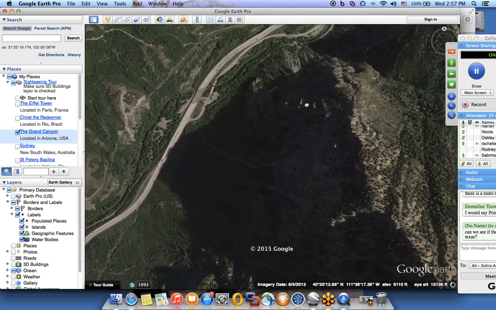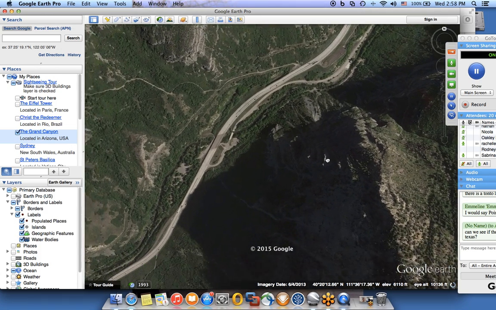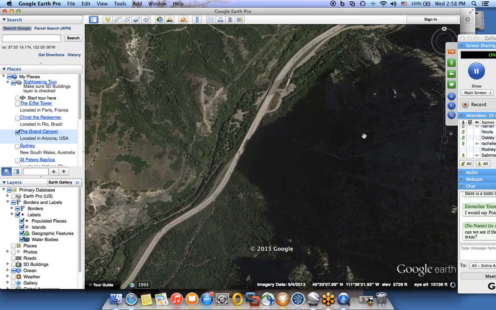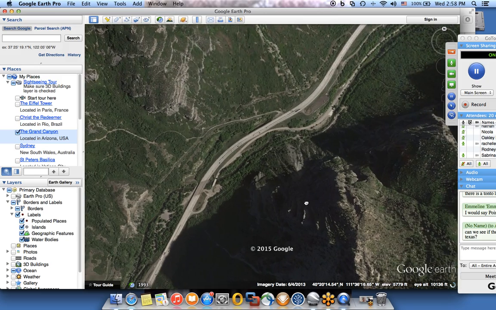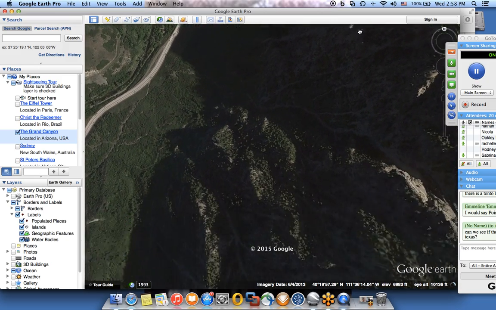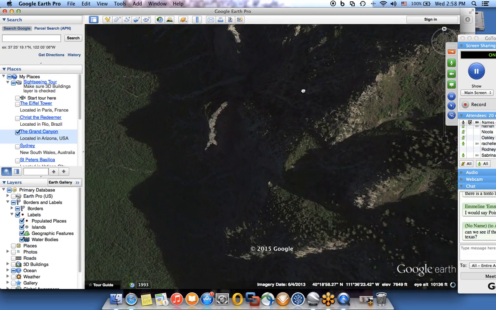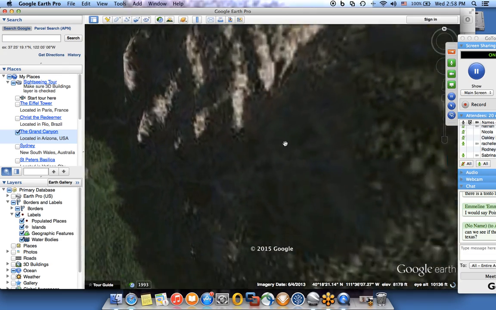So let's see over here. There are some layers in Provo Canyon where you can see the banded rocks, okay, cemented together, and they break quite easily.